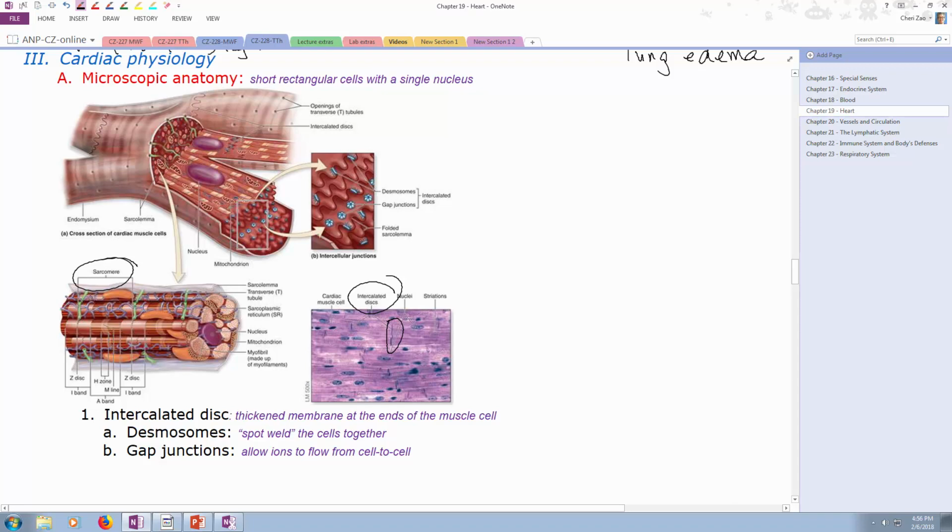Those are the ends of a heart muscle cell. What makes up the intercalated disc is this weird, wavy, undulated pattern with desmosomes, which are like shoelace kind of things holding things together, and gap junctions.